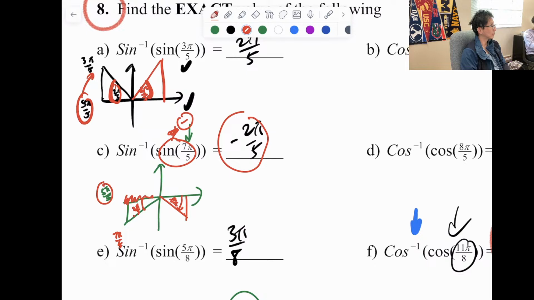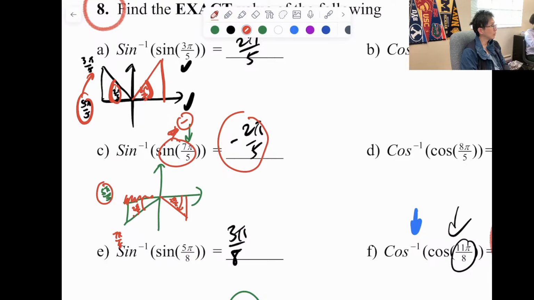Wait, why do you flip it to the other side? Because if you know sine of 7 pi over 5, it's going to be positive or negative? Negative? Why is it negative? Like, you got to ask yourself those questions. Yes.